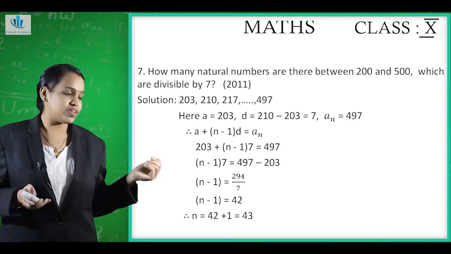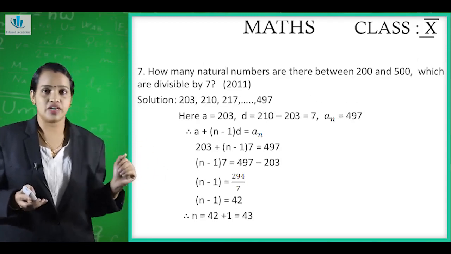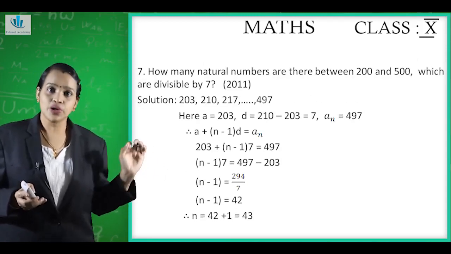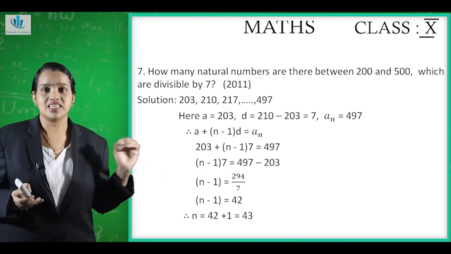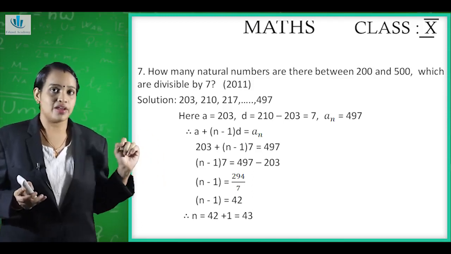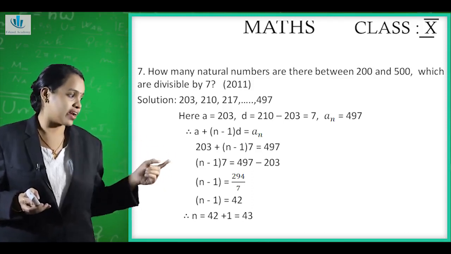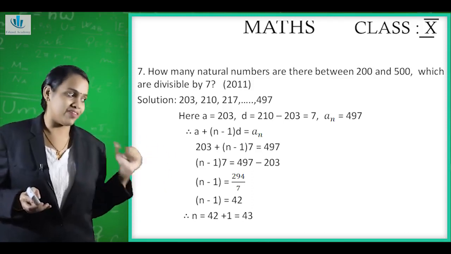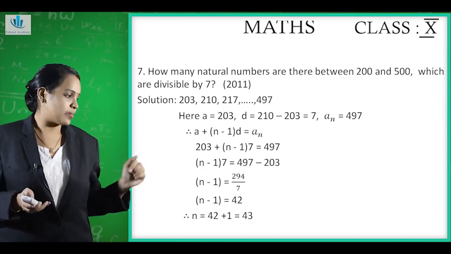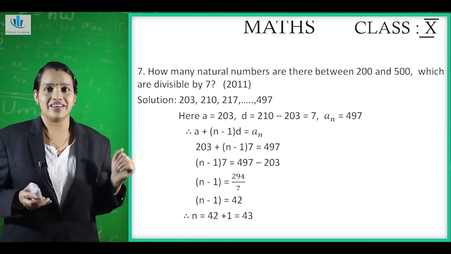Now the next question is: how many natural numbers are there between 200 and 500 which are divisible by 7? We have to find the natural numbers from 200 to 500 which are divisible by 7. This question has appeared in the year 2011.